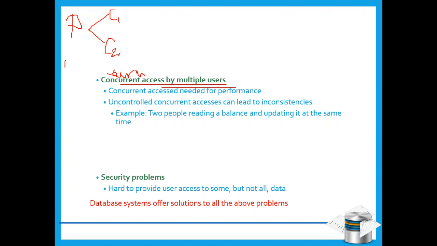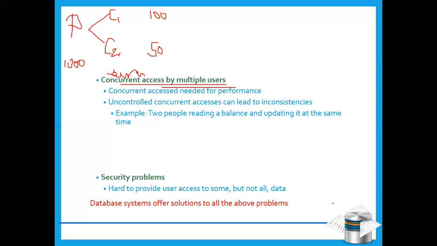Imagine the bank account has 1,000 rupees. At the same time, both of you, using the different cards, go to two different ATMs. Your parent takes 100 rupees, and you are a bit more minimal, you take 50 rupees.